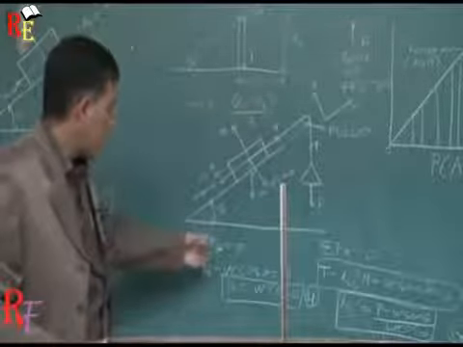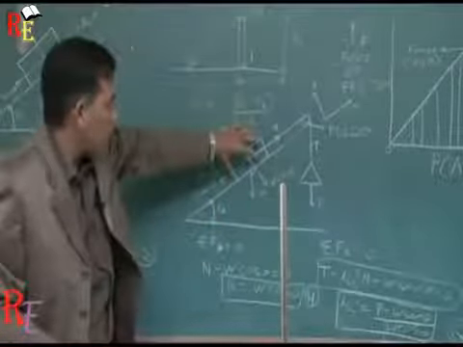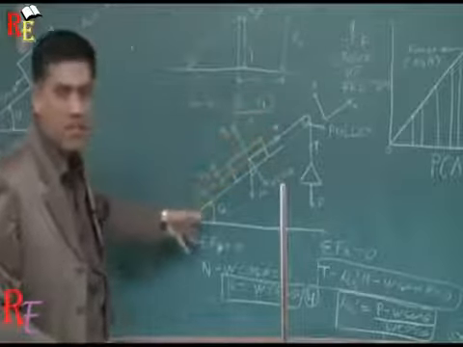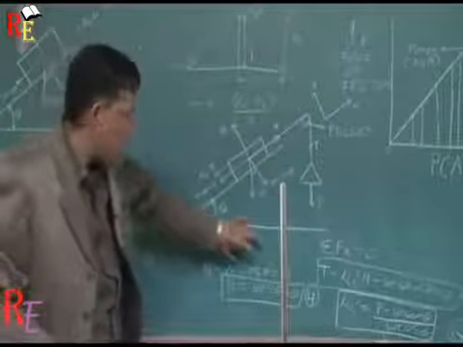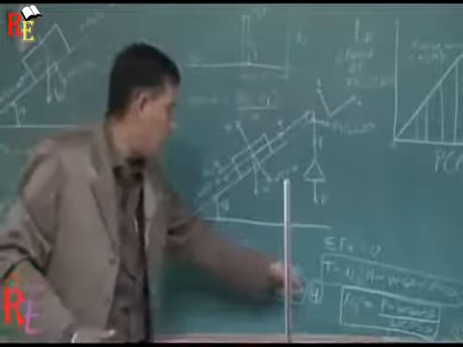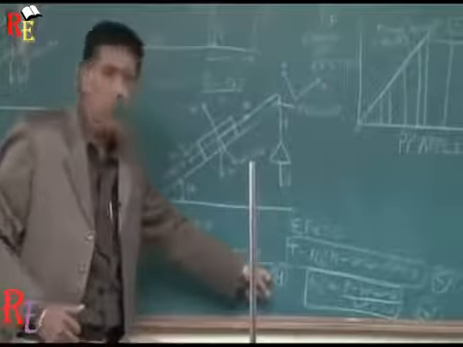So, since the block does not have any tendency to move in y direction as well as in x direction, so sigma Fy is equal to 0. Now, from this N minus W cos theta is equal to 0. And N comes out to be W cos theta.